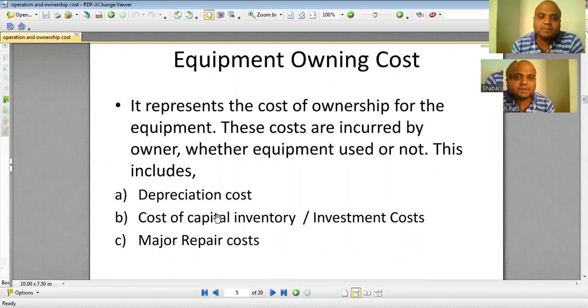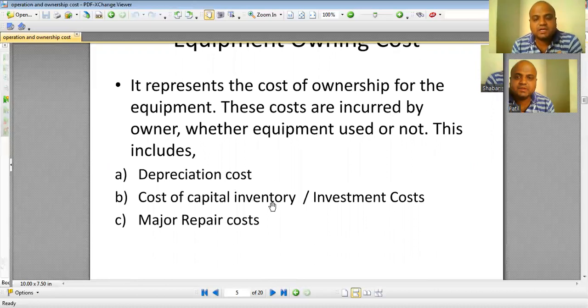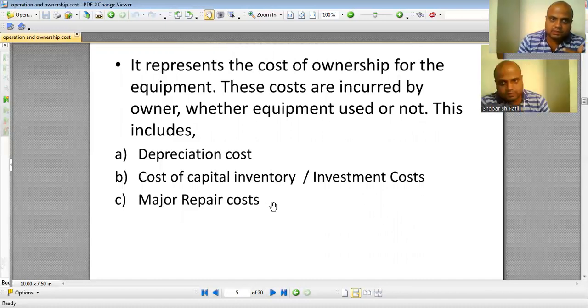What do we mean by depreciation? Depreciation cost is the loss of worthiness of the equipment per year. Generally, depreciation is the loss of worthiness of the equipment annually. We can call this a scrap value later. At the end, once the equipment has been used for its lifespan, we call that the scrap value.